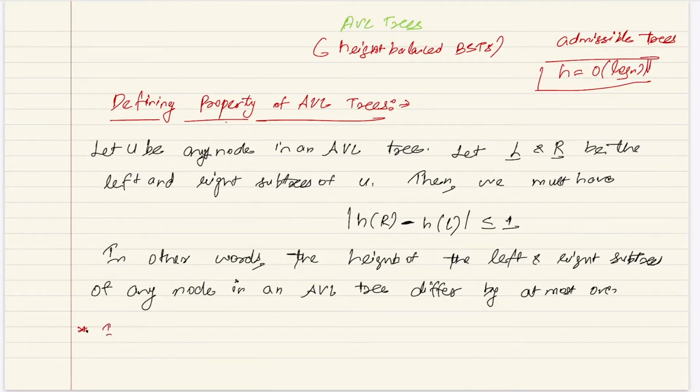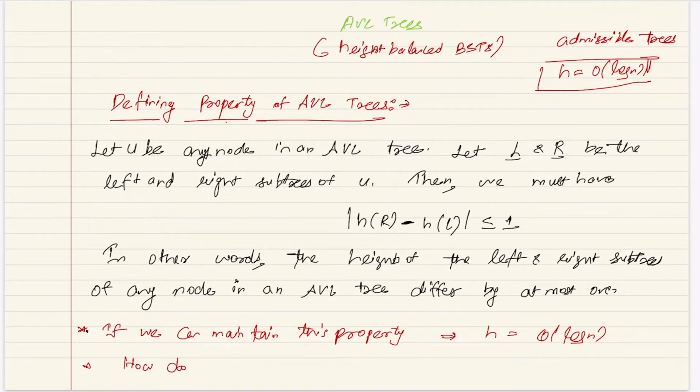So the first thing you should be curious about, and we have to prove, is that if we can maintain this property, that implies that height is order log n. That will be a good motivation to go further and ask, now how do I actually maintain this property?